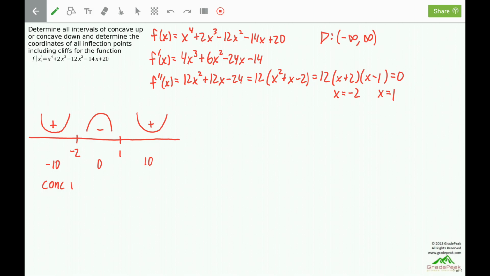So we have a concave up interval from negative infinity to negative 2, union, because it's happening again, from 1 to positive infinity. We have a concave down interval that's happening from negative 2 to positive 1.